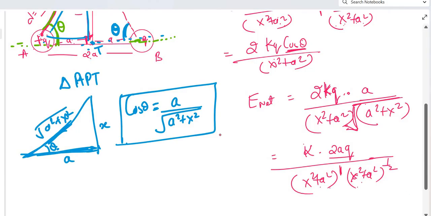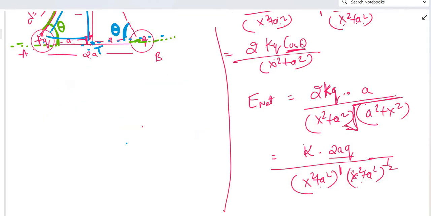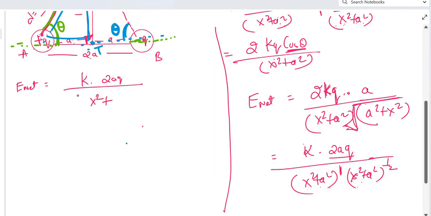And when they are the same base, powers will be what? Added or subtracted? Base is same, so they will be added. So E net will be, write down, K 2AQ by (x square plus a square) power 3 by 2. Why? Because powers are added. 1 plus half is nothing but 3 by 2.